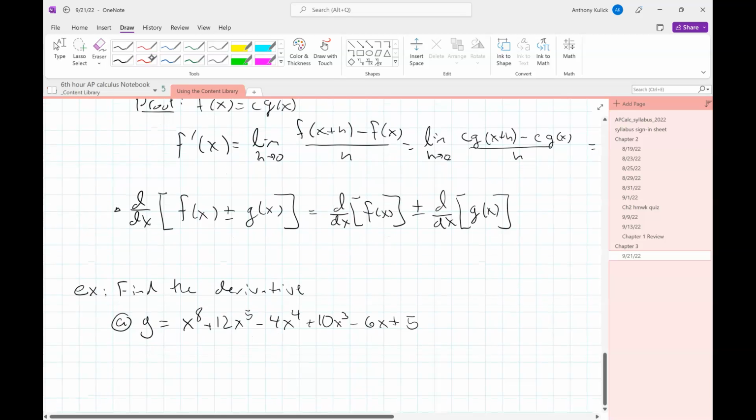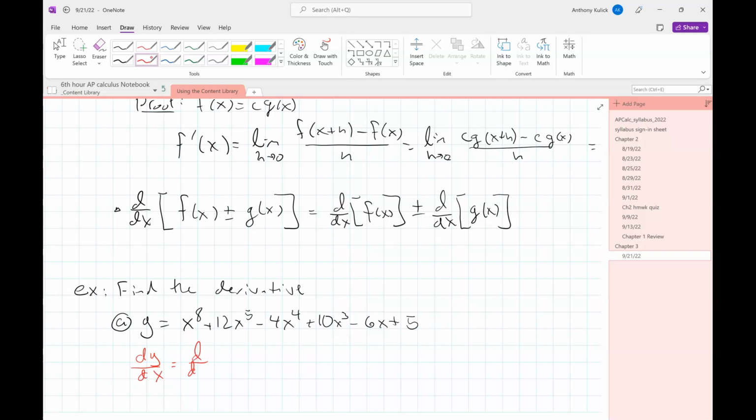Now, with what we know, I'm going to write out what I'm doing in my head, so if you're going back and looking at your notes, you can see what's going on. This should be something we can do in our head, but I'm going to write out the steps.